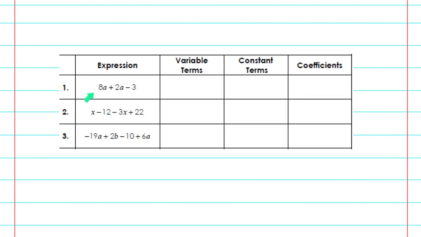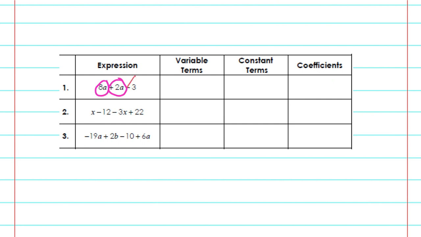So looking at our examples here, I have this expression. I need to figure out what the variable terms are, what the constant terms are, and then what the coefficients are. So the first thing I would do is circle everything with an A.